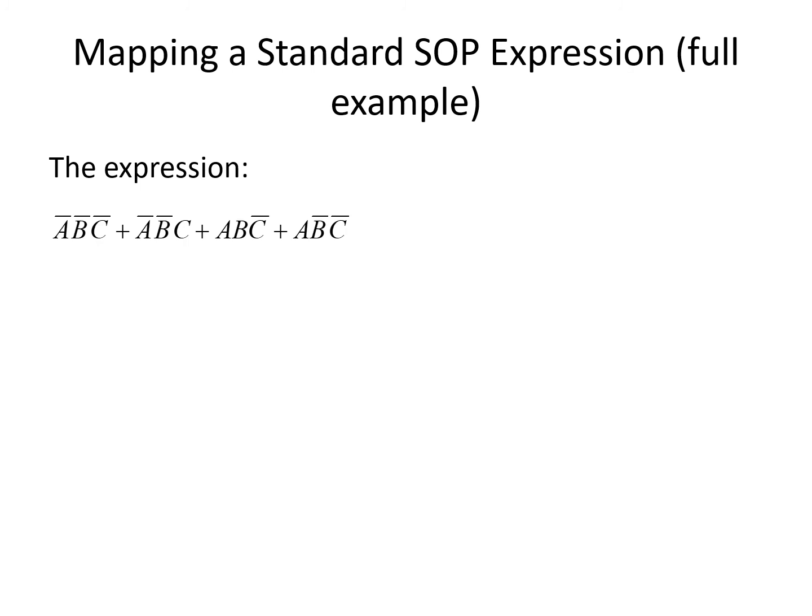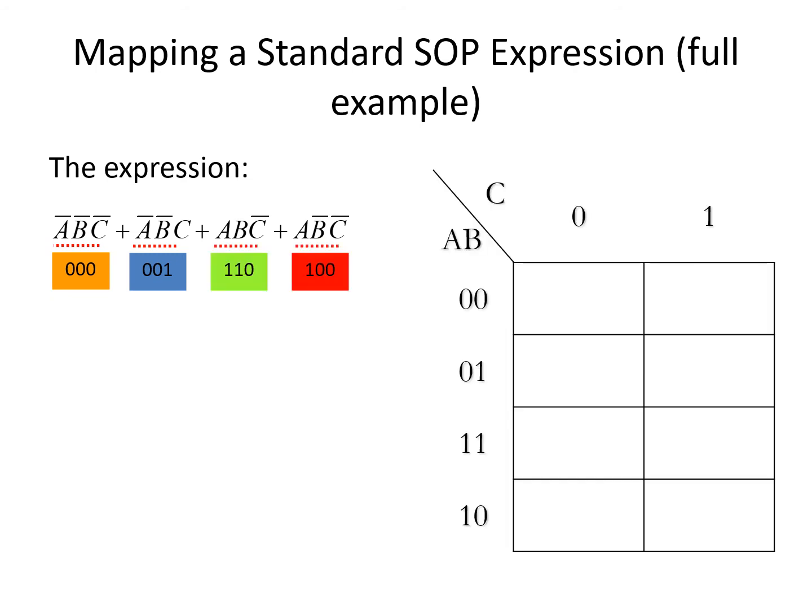Now in mapping a standard SOP expression, let us consider an example. We have the expression A bar B bar C bar, which is 0 0 0. Similarly, A bar B bar C, A B C bar, A B bar C. So when you consider the K-map with these values, the first one, A bar B bar C bar, indicates that if that term is there in the SOP expression, you will have a 1 at its corresponding location.